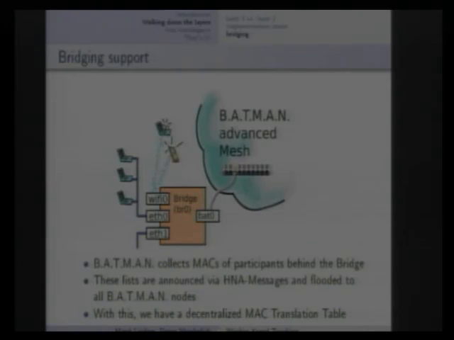If you have a layer 3 implementation, you have to assign them IPs, you have to tell the rest of the network about the IPs, you have to set up routing back and forth, and there are several solutions, all of them not quite easy to use. And here, you just connect your notebook. The Batman on this side will see, oh, I have a new notebook, I announce the MAC address, and then it can take part in the network.